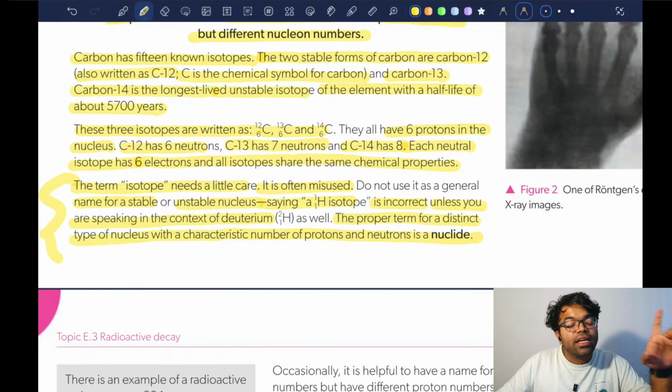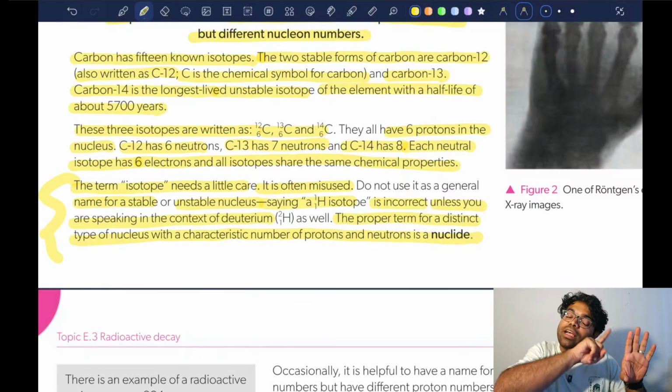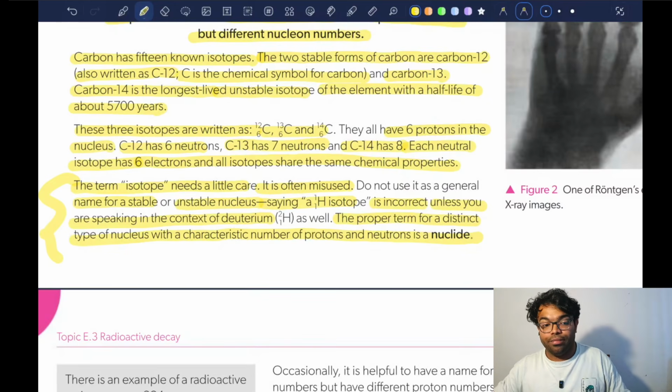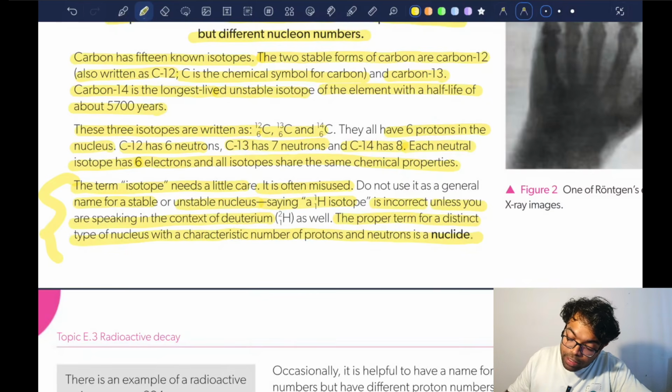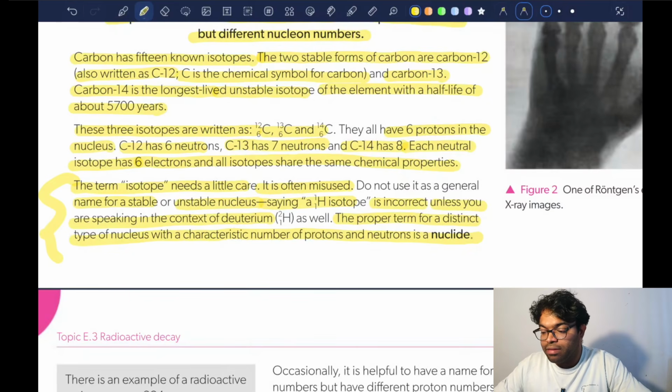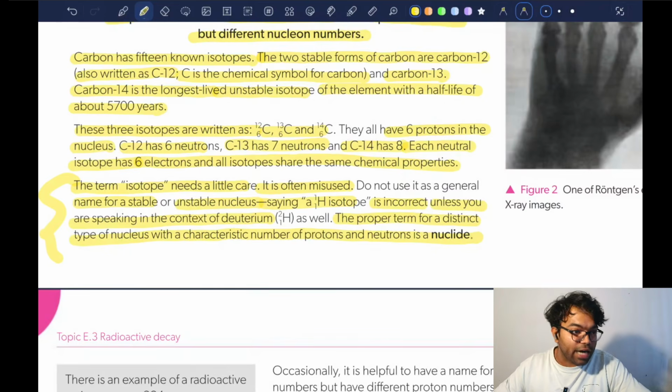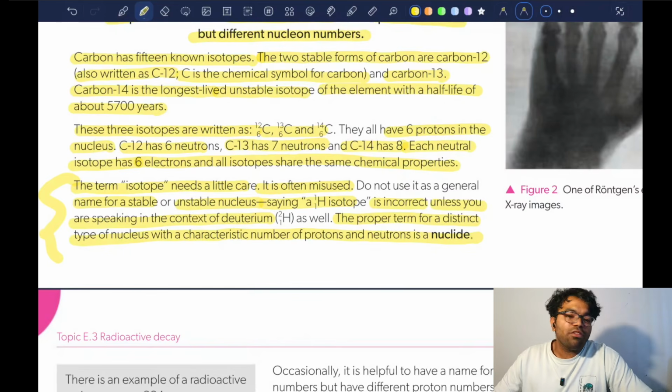But it will be correct if you are trying to distinguish between carbon 12, carbon 13, and carbon 14. Understood? It's like this, Akshay. If you're describing the various types of animals, like cat, dog, rat, mouse, giraffe, buffalo, that is fine.